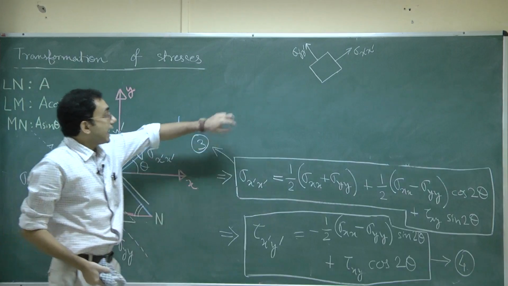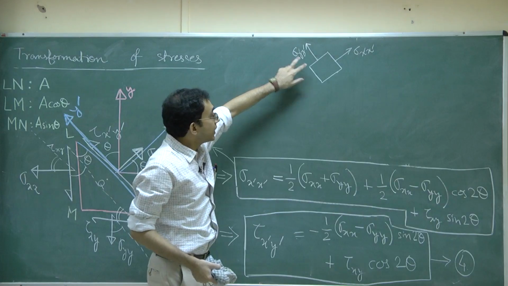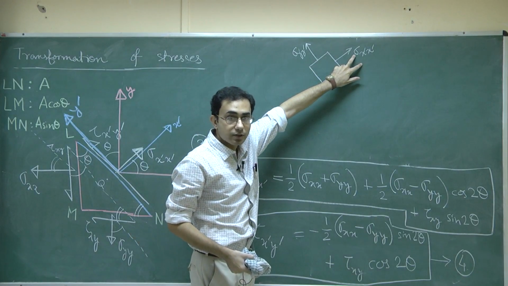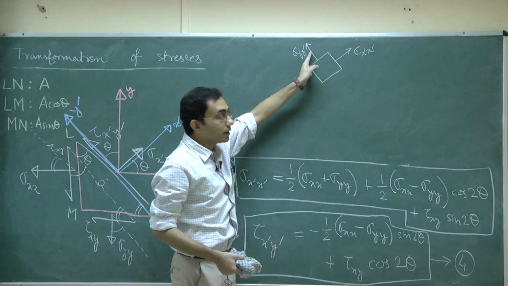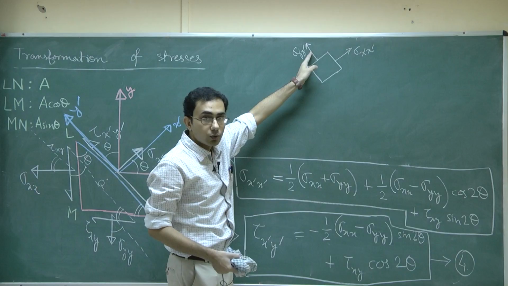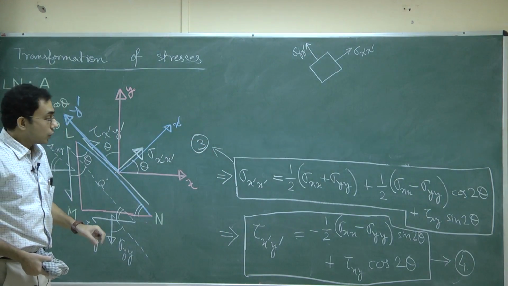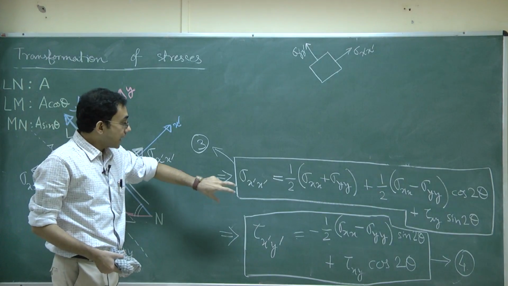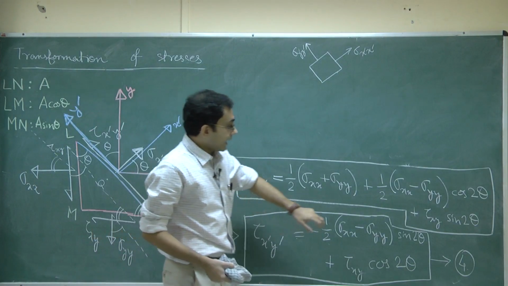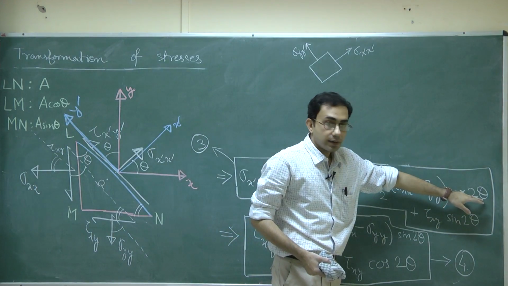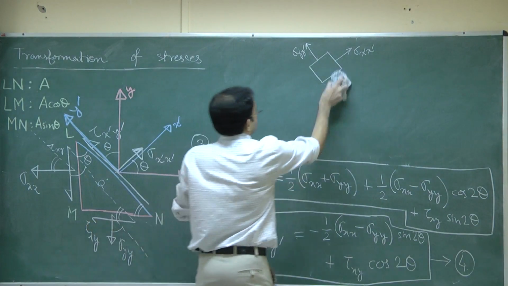So it is as if this sigma y dash is just a different version of this particular normal stress component sigma x dash rotated from here to here counterclockwise by 90 degrees. So the little trick which we will use is we can obtain the answer for sigma y dash by just adding onto this thing 90 degrees.